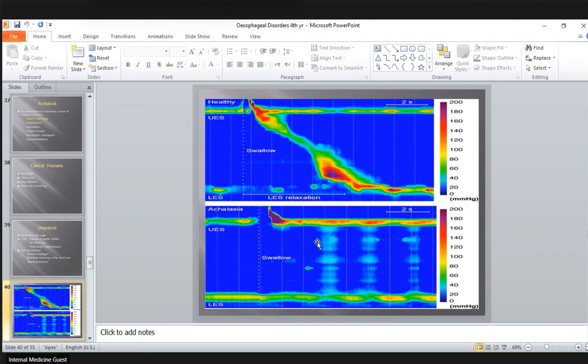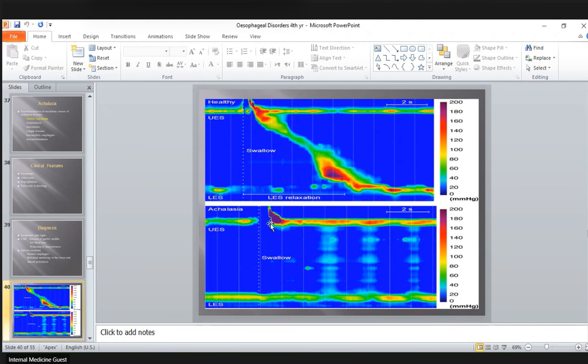Now, let's look at the contraction. The contraction is simultaneous and slightly weaker than normal. So these are not peristaltic, or we call them aperistaltic contractions, as you can see here. Compare this picture to this picture. You can see a nice propagating contraction of the esophagus, while simultaneous contraction in this picture.